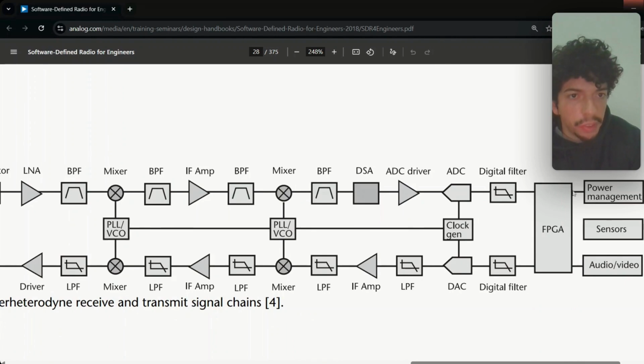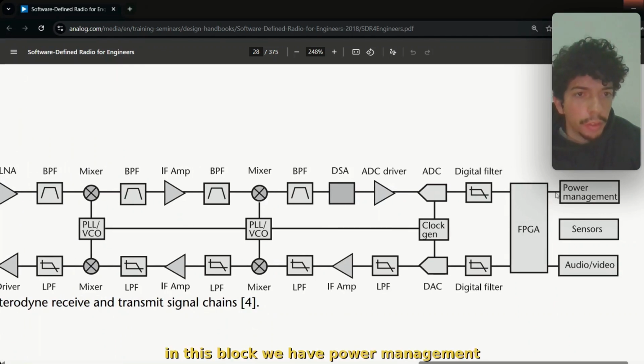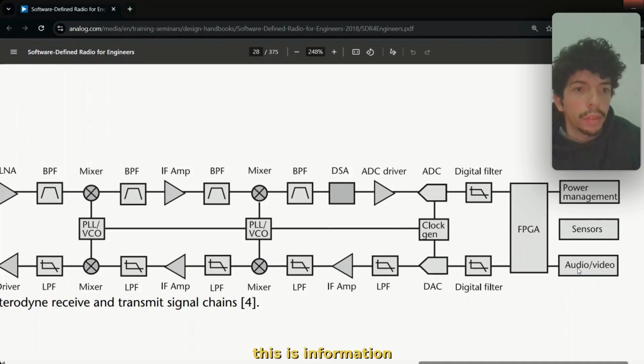And this block diagram is very important because we present the FPGA, field programmable gate array, for program and software, other hardware, okay? In this block we have power management, sensors, and this is information, audio or video or data in general, okay?